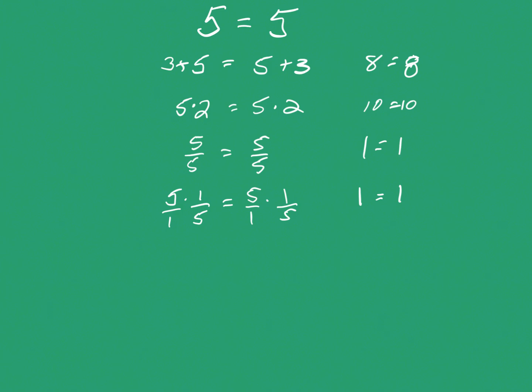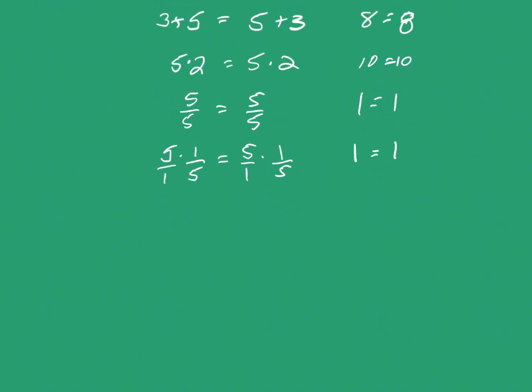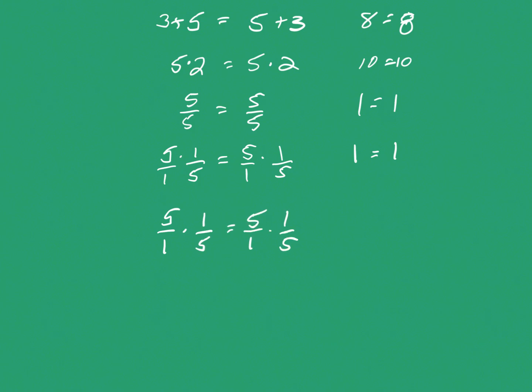Now, a lot of times you're going to hear me say, oh, these cancel out. So what am I talking about when I say that? If I say 5 over 1 times 1 over 5 equals 5 over 1 times 1 over 5, this is really 5 over 5 equals 5 over 5, which is equal to 1.